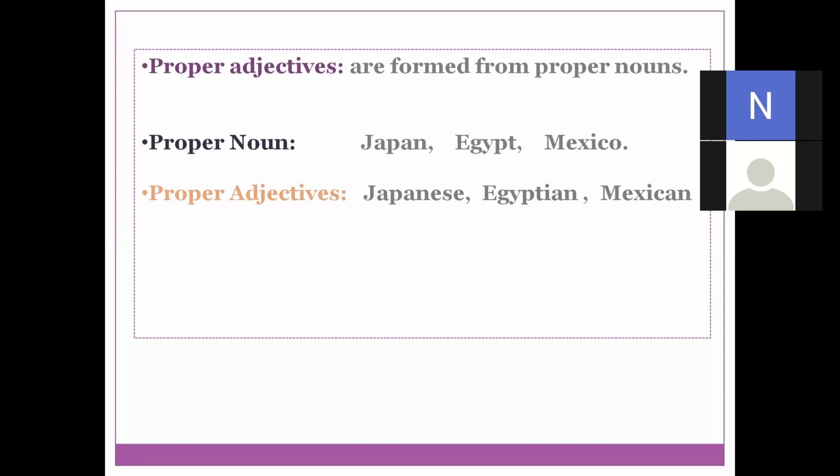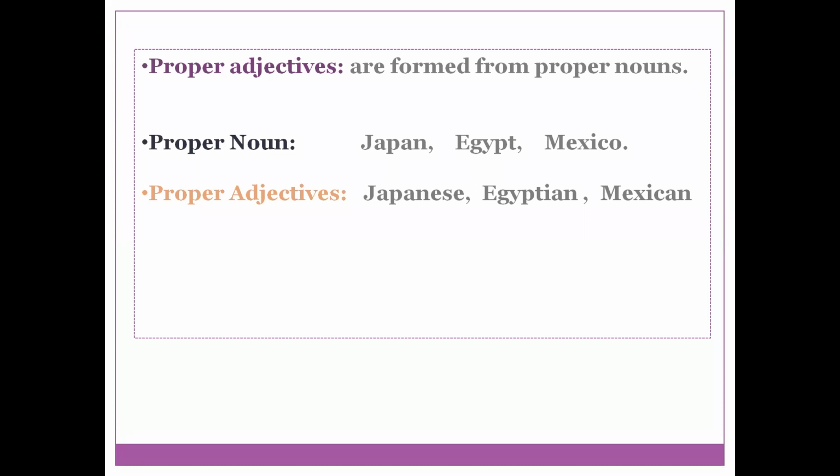So a proper noun is when you are giving the exact name of something. Now, what is the relation between a proper noun and a proper adjective? Proper adjectives, girls, are formed from proper nouns. So the proper noun helps us to know the proper adjective.